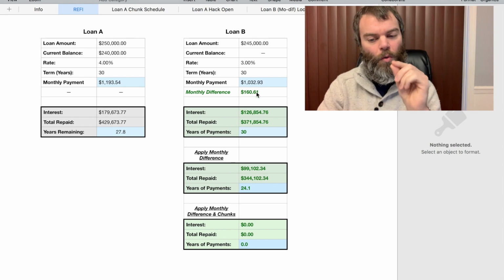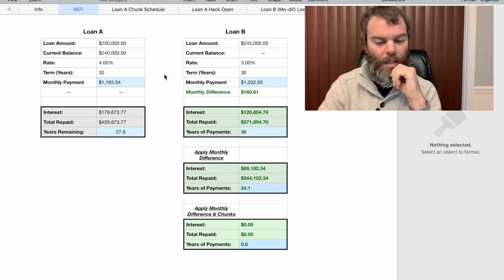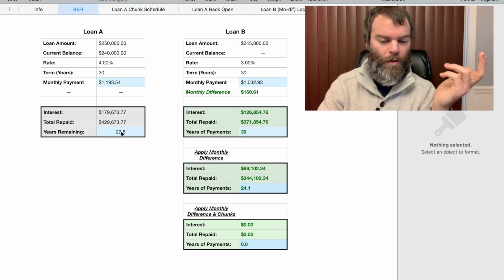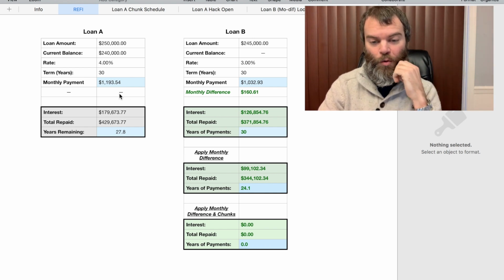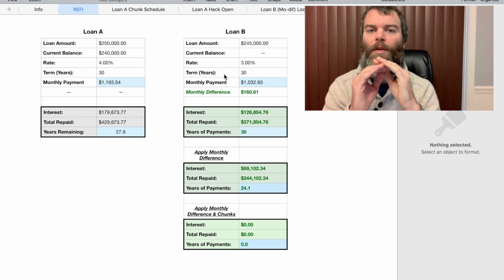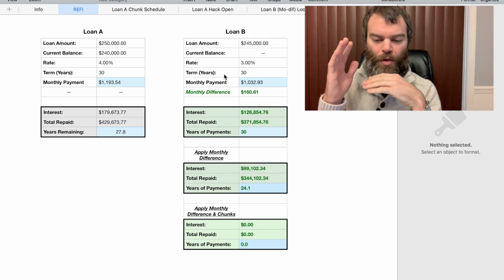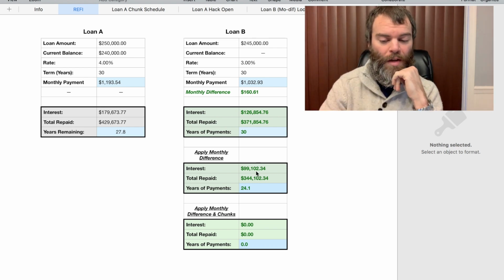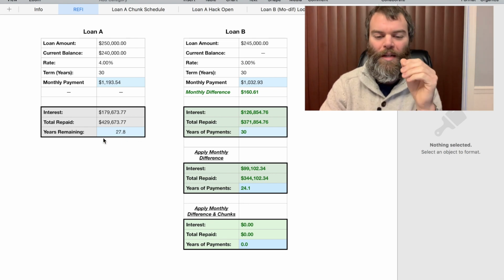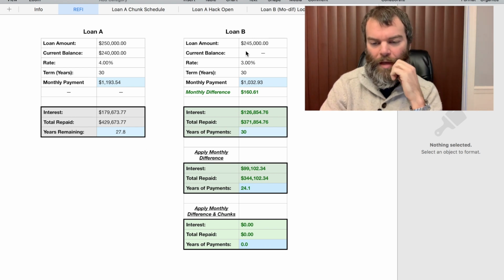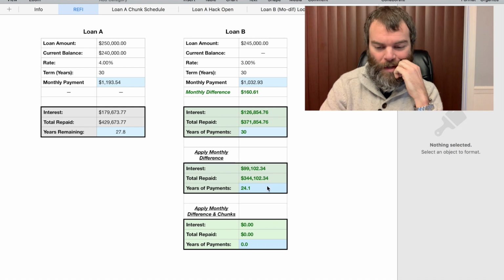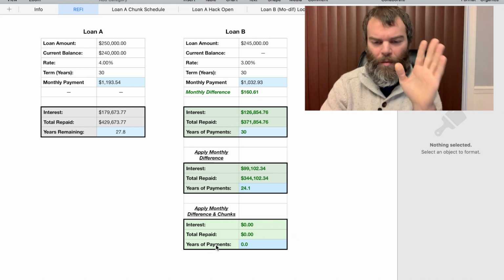That's the other cool thing about this strategy: even though you're only a little over 2 years into it in this scenario, by leaving your monthly payments the same and just refinancing to a lower interest rate, you can save time even if you've already paid for 2 years on your 30-year loan. You can save even more than that if you apply this strategy. And there's a way you can save even more money, but we'll do that in another video.